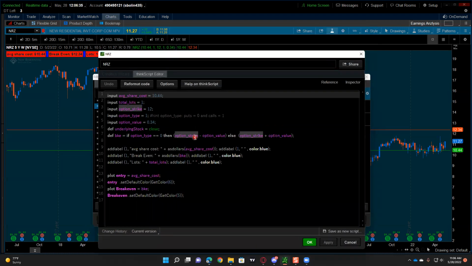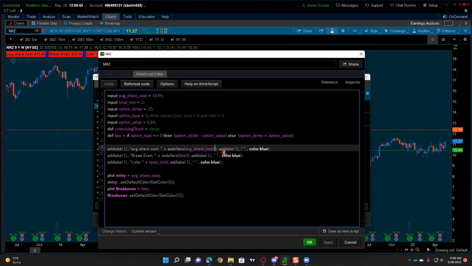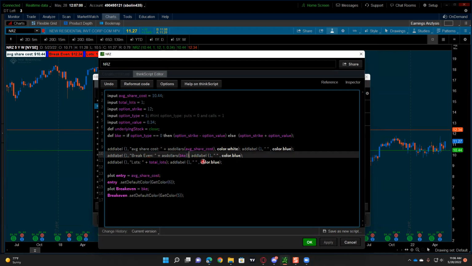Now, the default colors are, our average cost shouldn't necessarily be red, right? Because red implies something is wrong. So I'm gonna go with white for our average share cost, showing that it's just a value that we want to keep track of. Our break even should inform us if we are in danger.